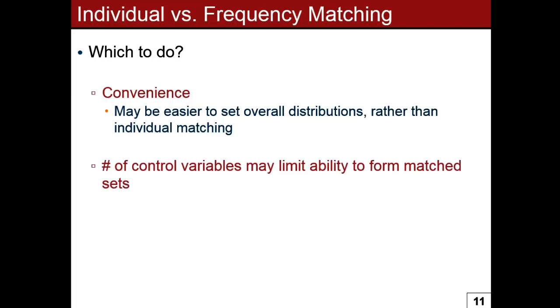Not every factor I want to control for is going to be visible. People aren't going to wear it on their heads, like I have this blood type. So there are a lot of operational challenges to this, and the availability of people and the types of data you have are going to determine all this.